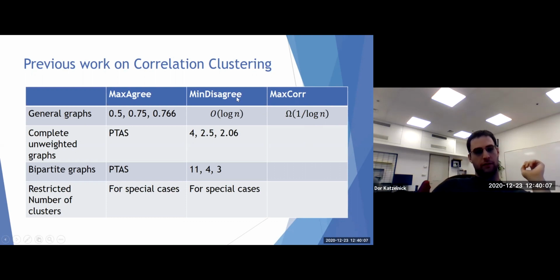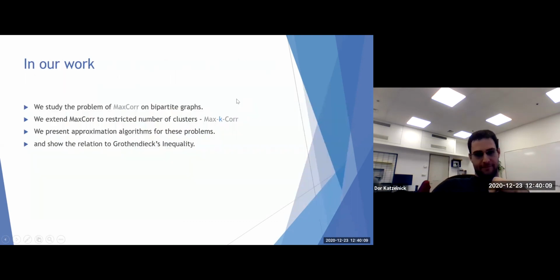If you have any questions, feel free to stop me anytime. So what did we do in our work? We studied the problem of max score, again the 3rd objective, on bipartite graphs. And we also extended it to the problem of max k-core. This is the problem of max core, but we are limiting the number of clusters in the output to be at most k.